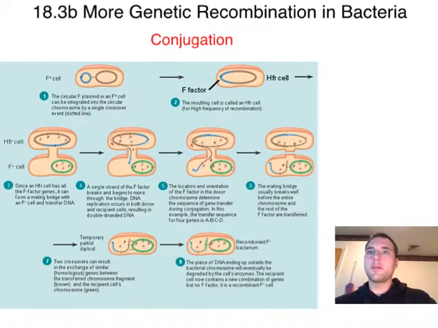Another type of conjugation that's going to give us a little bit more bacterial recombination is when our F plasmid, so here's our F plasmid, sometimes inserts itself into the genome of the bacteria, the host genome. When this happens, we call it an HFR cell, or high frequency of recombination cell, because it has this F factor inside of its host genome.